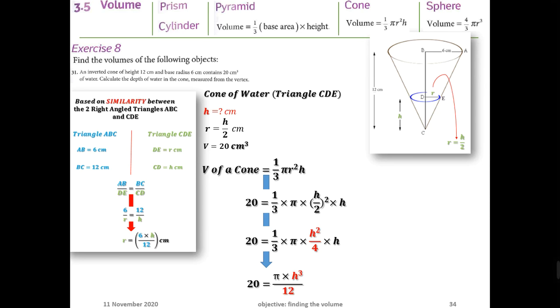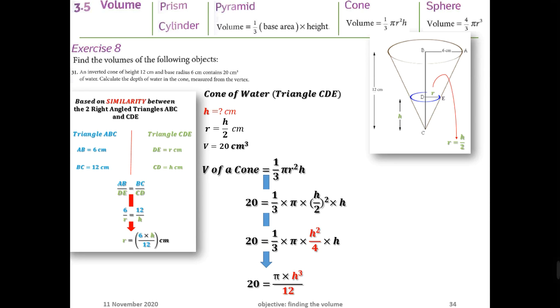Why? Because pi is the coefficient of the red h squared, and the coefficient of the black h is 1. So pi times 1 is pi. And then we add the powers. So 2 plus 1 is 3. So that's why it's pi times h to the power of 3.